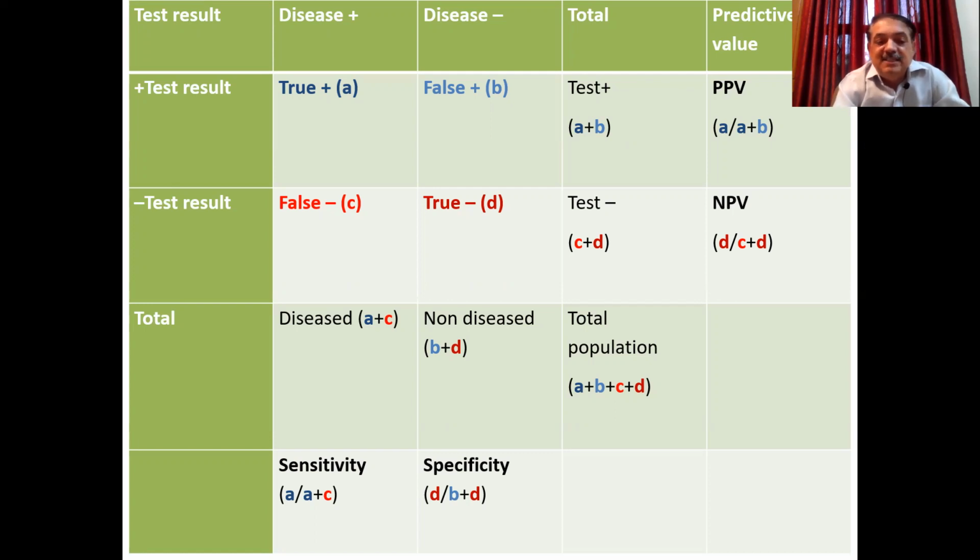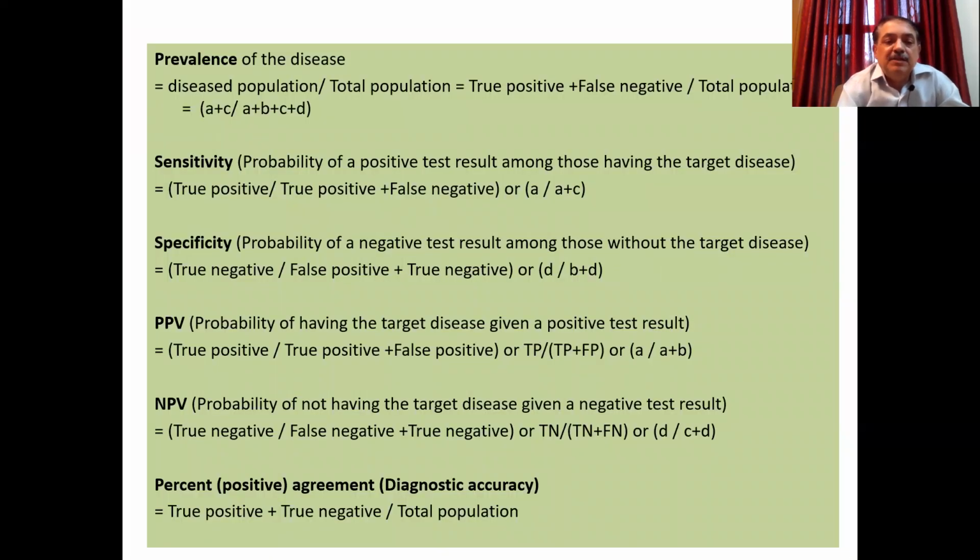The diseased people, that means A plus C, true positive as well as false negative, those who should be positive, but with error we are getting negative, but they are diseased. So diseased people out of total population, and we get the prevalence. Here I have explained this prevalence of the diseased population out of total population, that is true positive plus false negative out of the entire population.